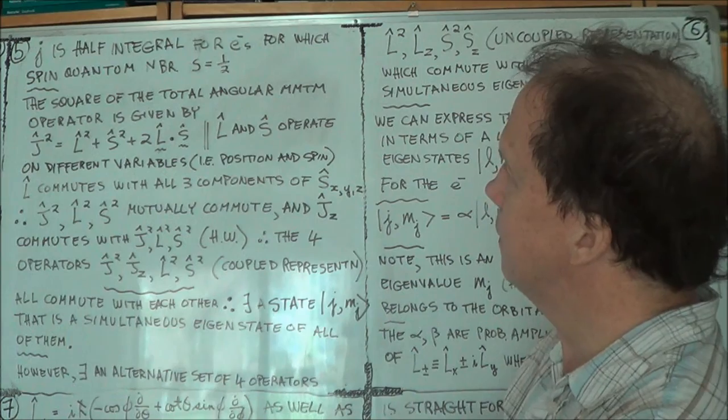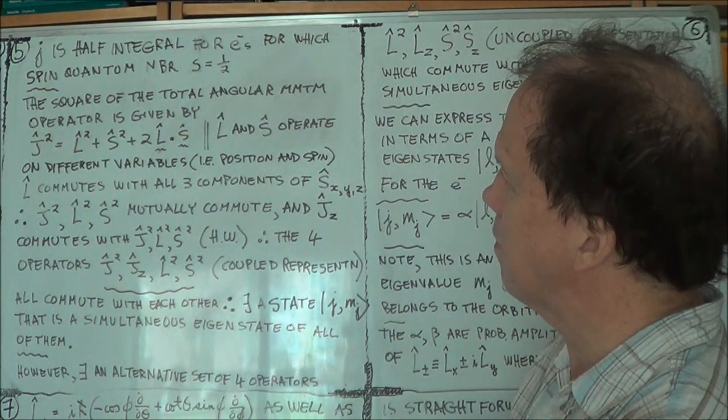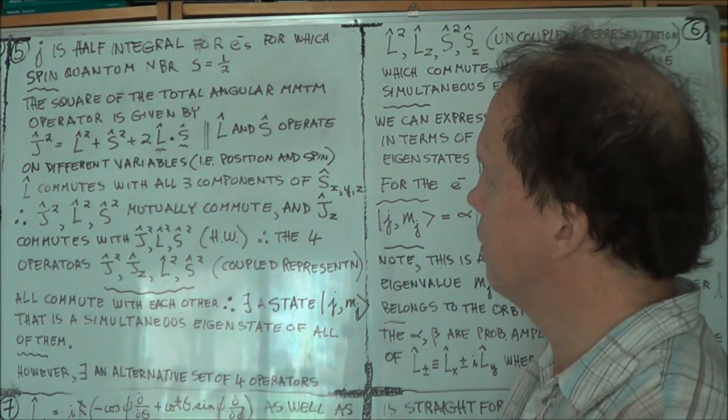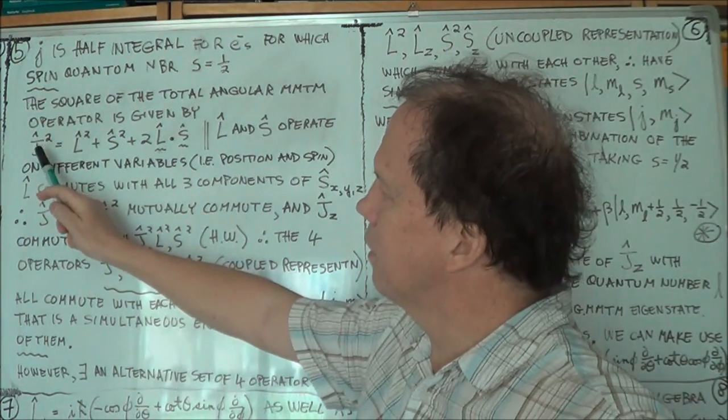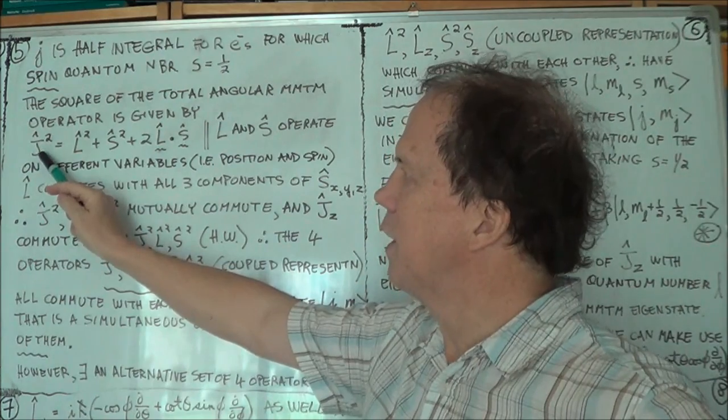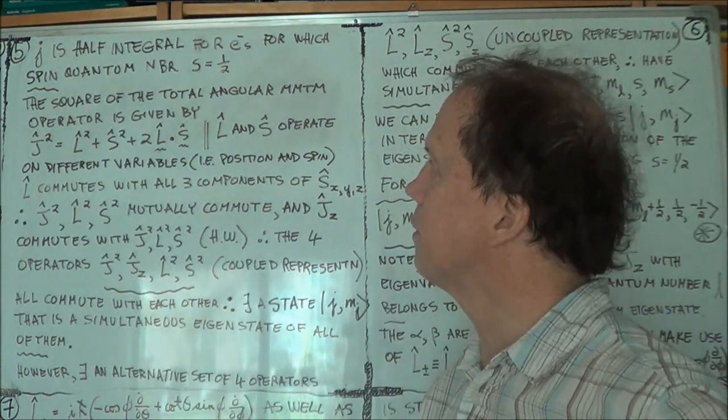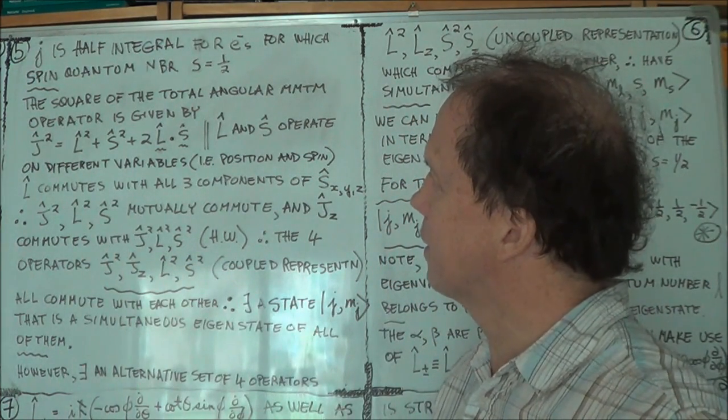So what are we trying to do? Let's try to find an expression for J squared in terms of L and S.